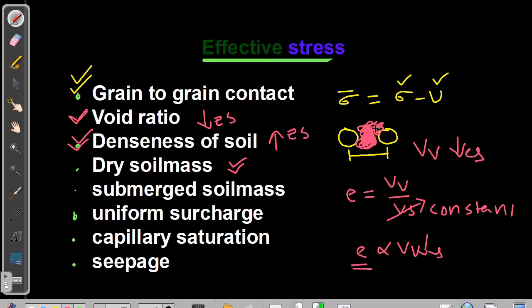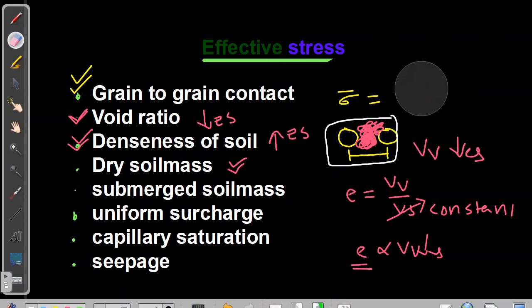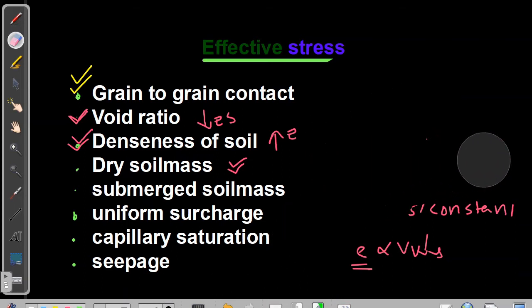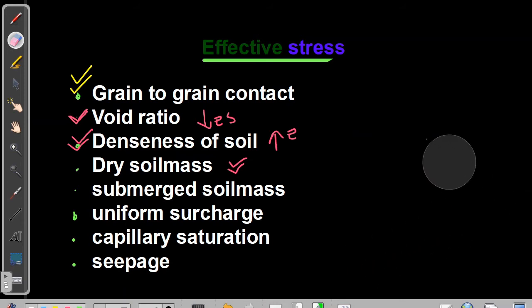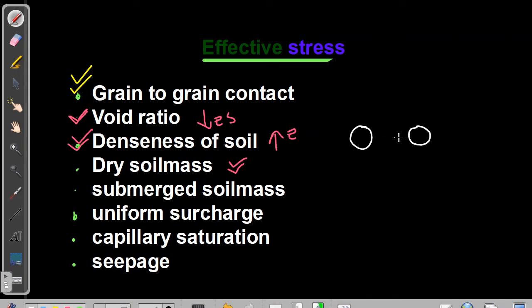Right now we don't consider water here. What happens if water is present? Same, two soil particles are there, but in between there is water.